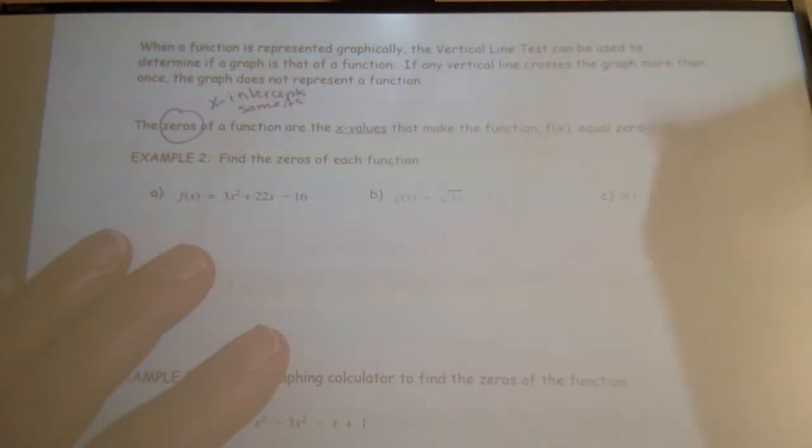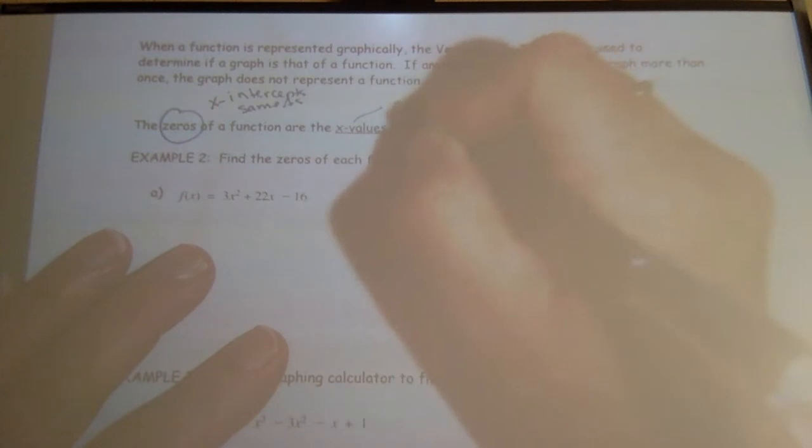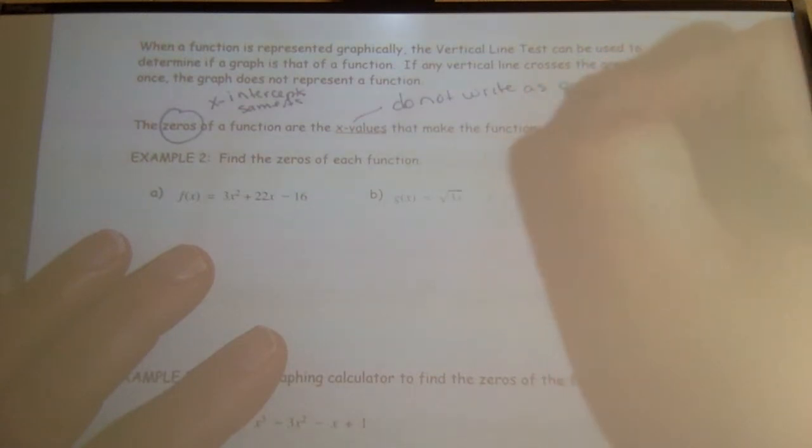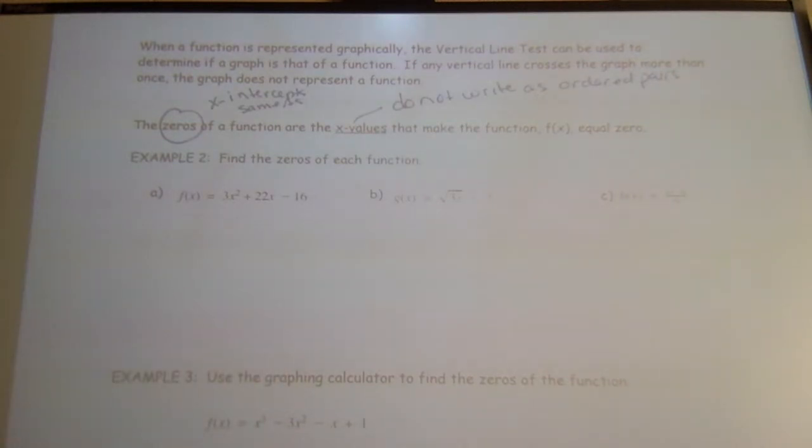So zeros are the same as your x-intercepts. Also, when you write zeros, do not write them as ordered pairs. When I ask you to state the zeros, you just state the x values only. So, find the zeros of each function below.